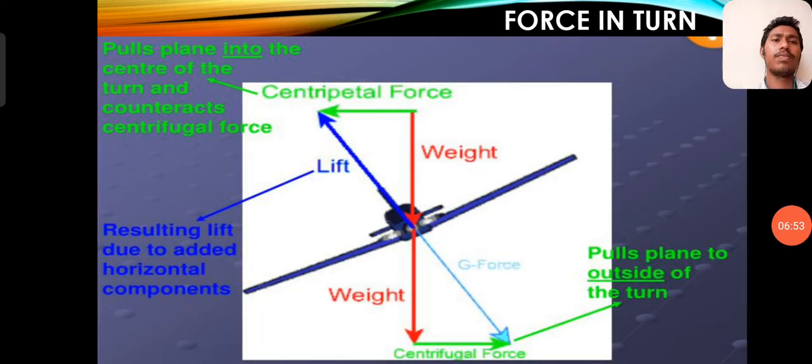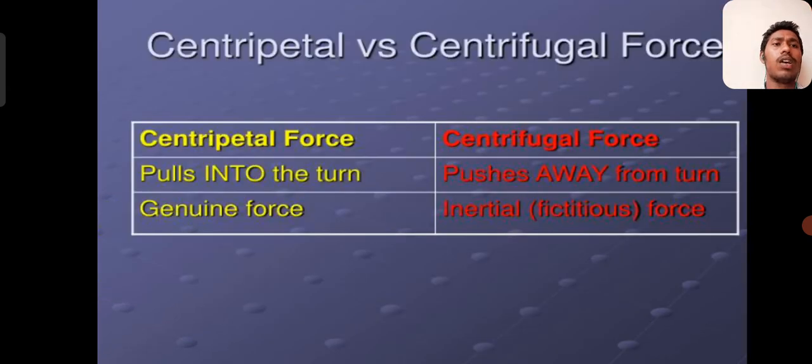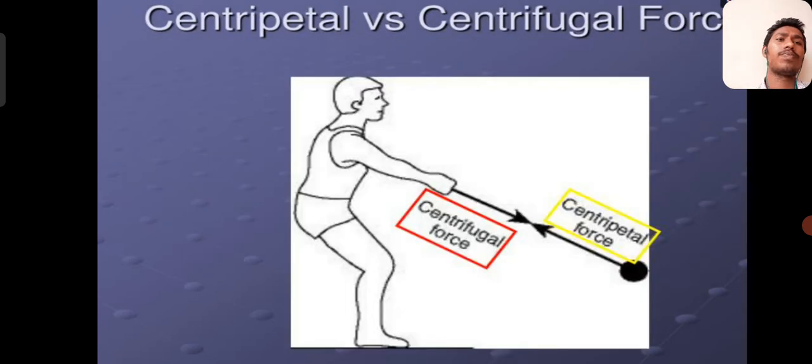Forces in a turn: we can identify weight, centrifugal force, lift and G force. Centripetal force pulls the plane into the center of the turn, and centrifugal force counters it, pulling the plane to the outside of the turn. Centripetal force pulls into the turn, centrifugal pulls away from the turn. G force, inertia force, acts in the centrifugal force.